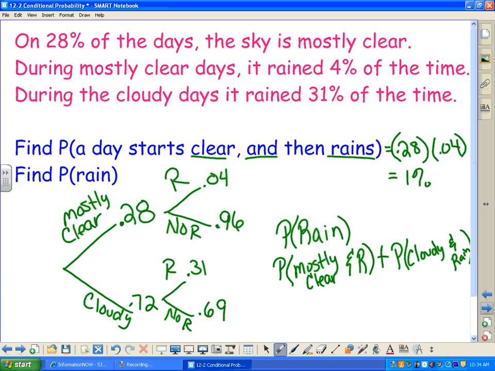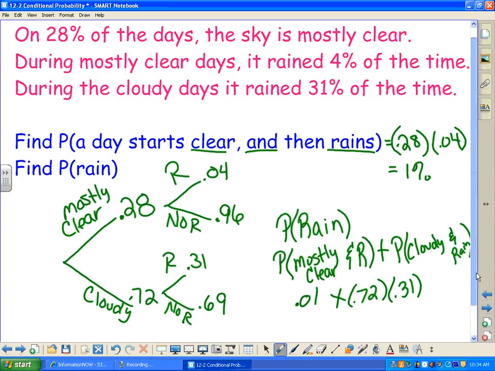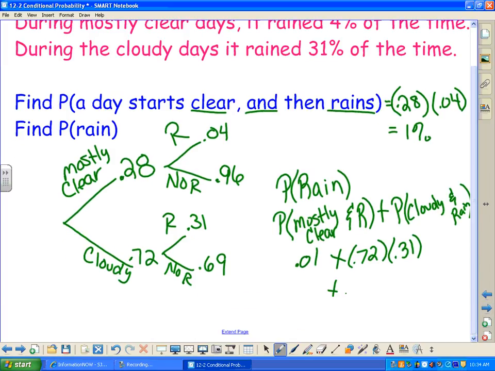We already know the mostly clear and rain. That was 0.01 plus how do we get cloudy and rain? 0.72 times 0.31. That's what, the whole thing? No, just this one is 0.2232. So it looks like it's going to be, what, about 23%? 23.3%.